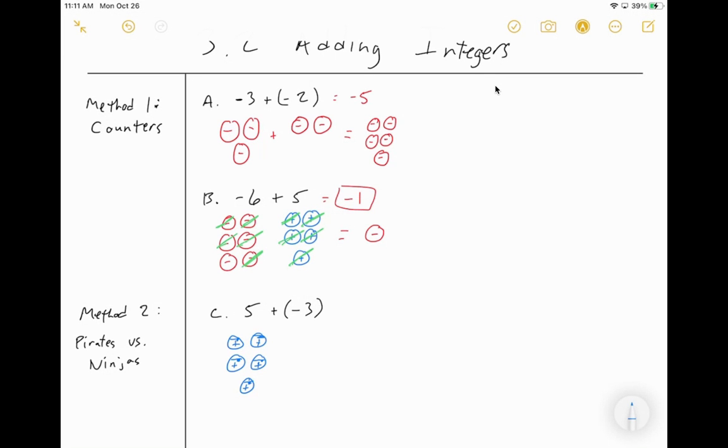Don't worry, you don't have to be as fancy drawing as me, but you can. They have those cool pirate hats. All right. 5 positive pirates are going down the street. They're walking, they're having a good time. They're talking about how fun it was to steal stuff. I don't know what pirates talk about. And then they come across these 3 ninjas.